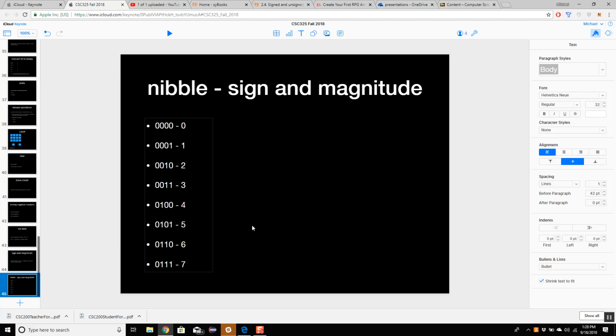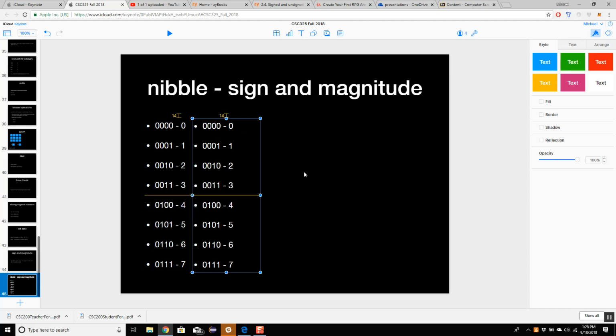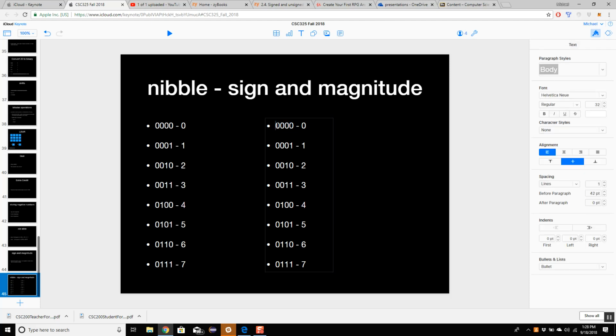Now I'm going to copy this, put it over here, and change that leading 0 to a 1 for all of these. Then these all become the negative versions of these.